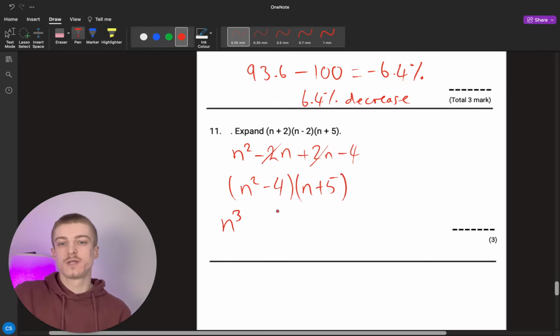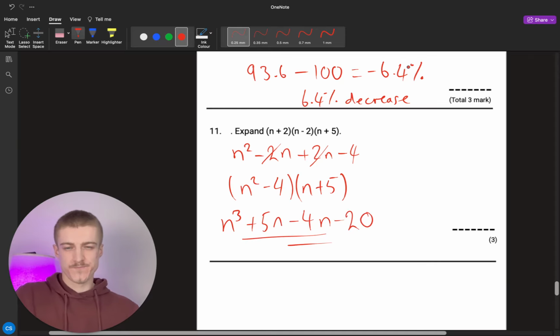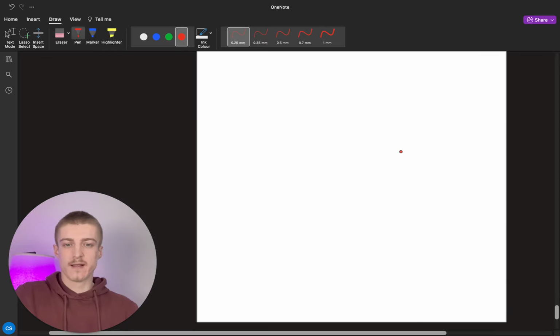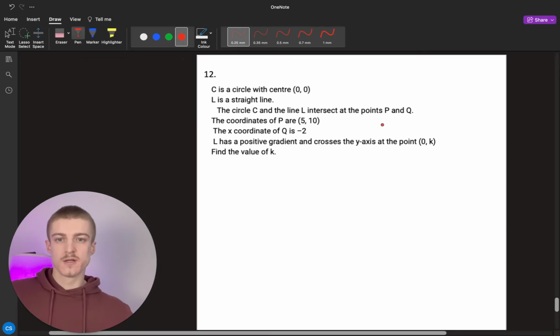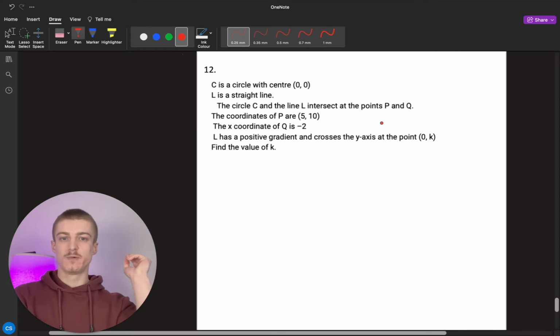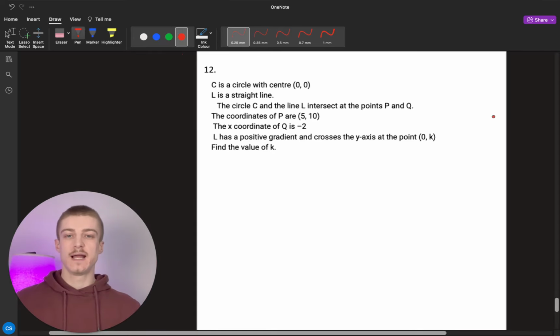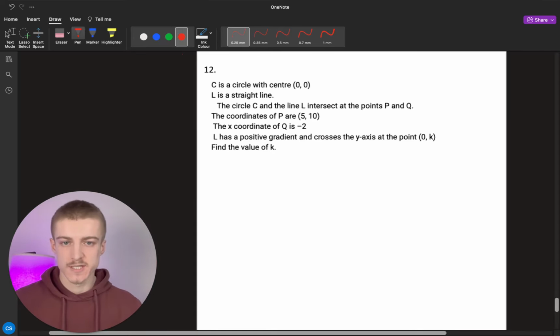Okay. Let's just work with this for now. So we can plug in a point P. We know that there's a point P. We have both the x and the y. So 5 squared plus 10 squared equals r squared. Now, can we rearrange the equation of a circle to find our missing y value for Q?